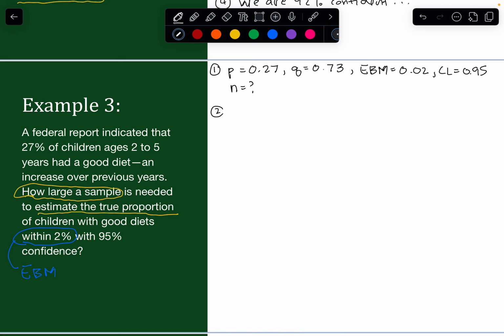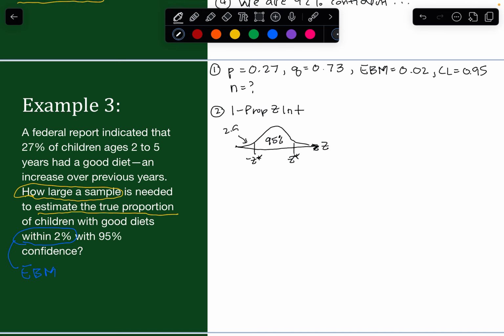For step 2, this is still a 1 prop z int. I'm working in that universe using formulas that come from that method. And I still need to find the critical value even though I'm given an estimate for P and Q. So we know that's a z. We know we want to be 95% confident. That leaves 5% for the tails.